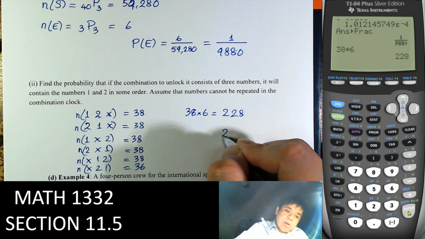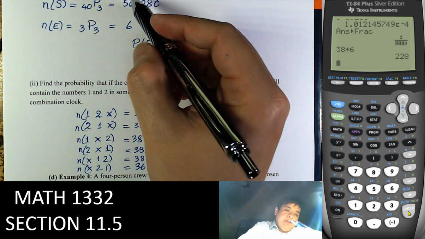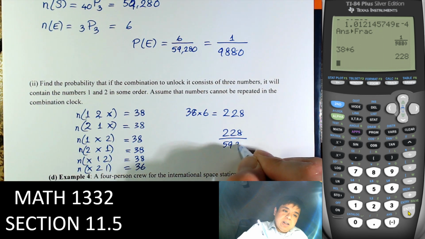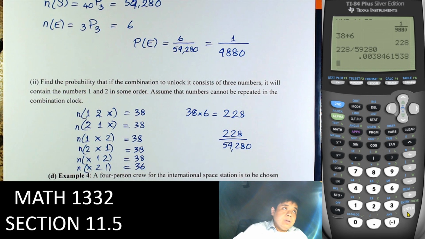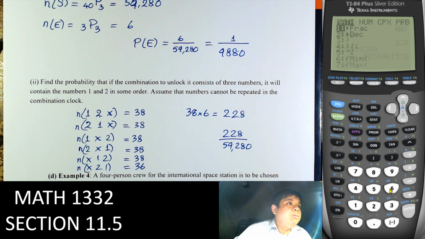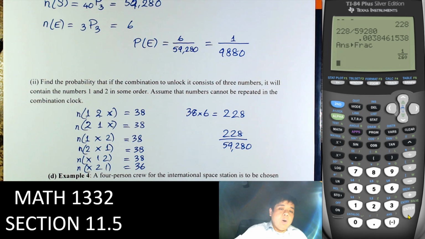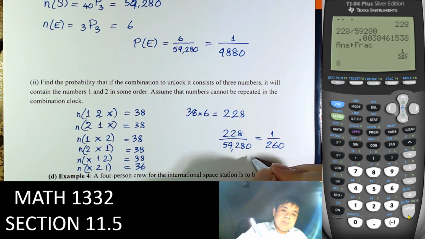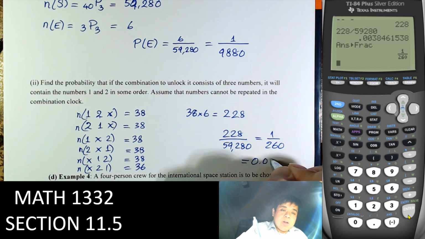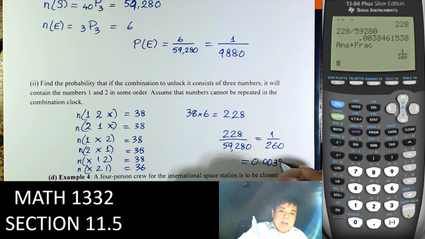And then you have 228 divided by 59,280, which is 1 over 260, about 0.00385.